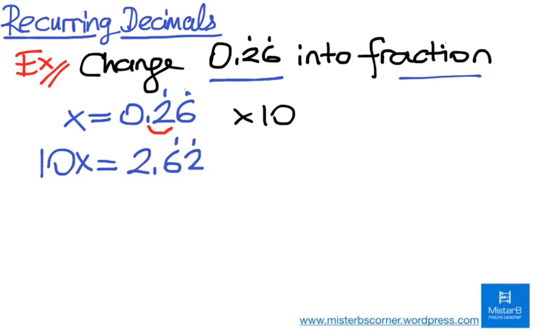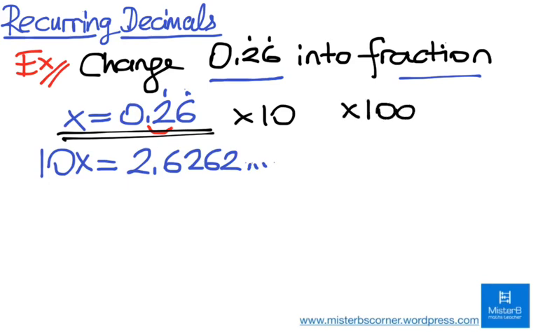Or I can just show it with the dots, so it's 6262 and so on. Now, if I multiply x by 100, then I get 100x equals 26.2626.